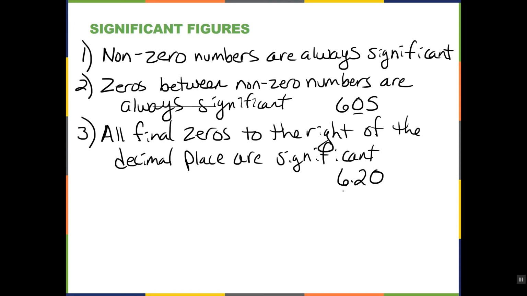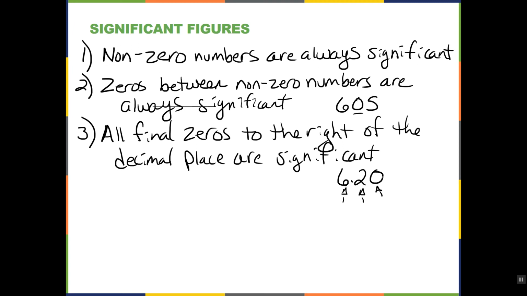So let's say you have something like 6.20. Okay, you've got a significant value here, and you've got a zero now that's to the right of the decimal. And because it's there and it's to the right of the decimal, we took the time. We didn't just write 6.2, we wrote 6.20. We are now indicating that we are that accurate. We are accurate to the point that we know it's not 6.2, but 6.20.